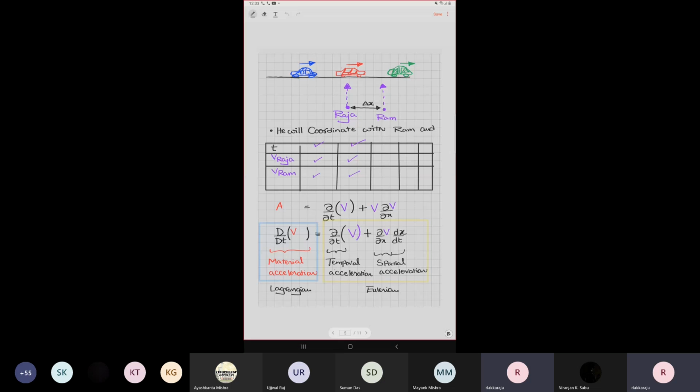Together they press their operators so that they measure the velocities, and they try to construct something like a table. Time, and the velocity that Raja's measuring instrument records at each given instant: maybe first second, second, third second, fourth second, and so on. At the same time, Ram also starts recording the velocities.